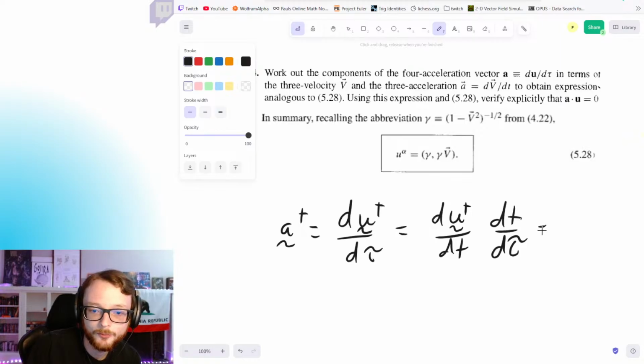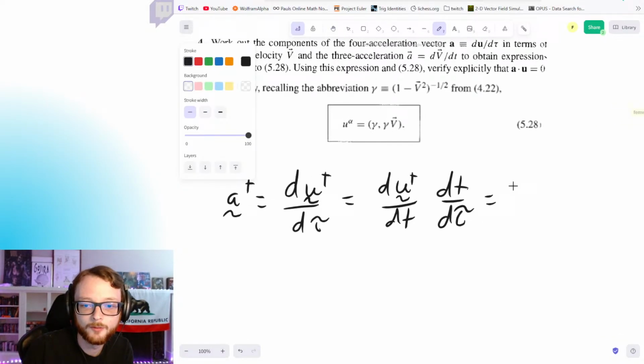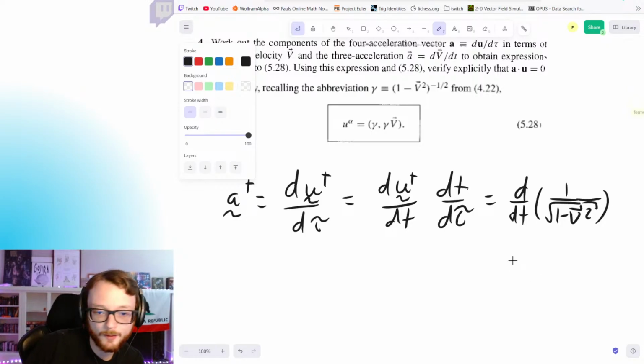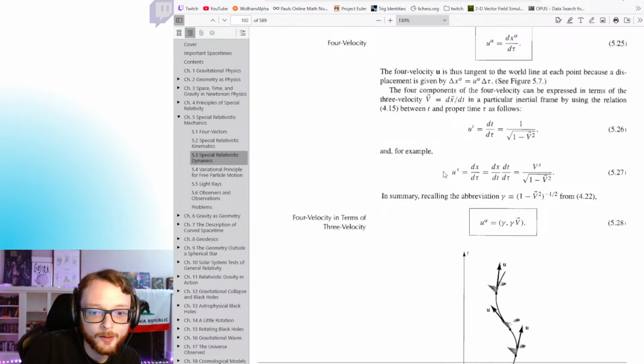So if this is right, which I just said it might not be right in the first place, but the time derivative of 1 over root 1 minus 3 vector v squared times something. And then what is my dt d tau that I wrote? I think dt d tau is gamma.